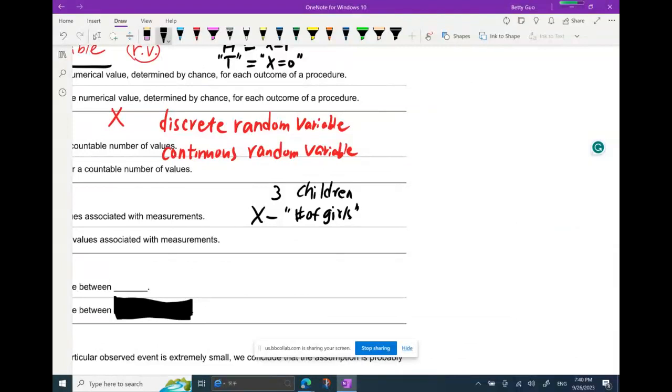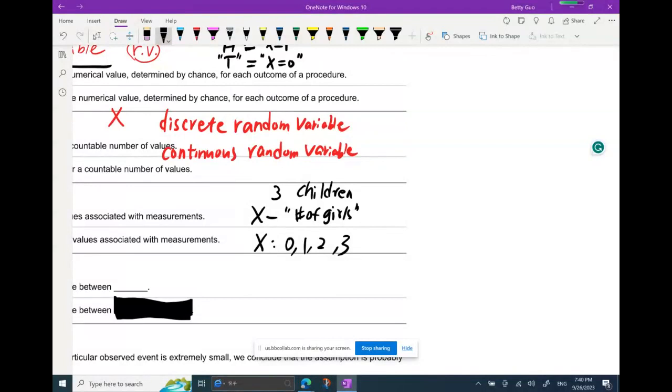Help me to find all the possible values for x. So you randomly select a home with 3 children. Is it possible there's no girl, all boys, right? All 3 are boys. Is it possible there's exactly 1 girl, 2 boys? Or exactly 2 girls, 1 boy? Or all 3 children are girls, right?